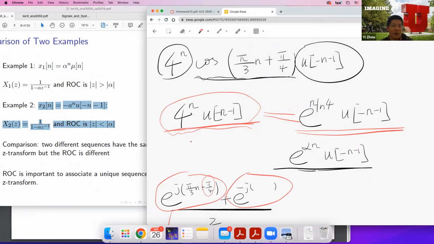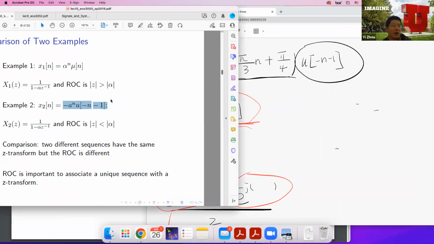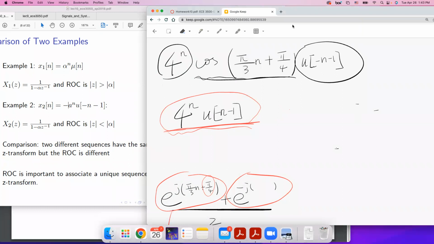You can just apply that one and ignore this. Right: 4 to the power of n u[-n-1]. This is a to the power of n u[-n-1], so you just set a to be 4, and there's a negative sign in front. Oh, I see. Okay, we did that example. Okay, thank you.